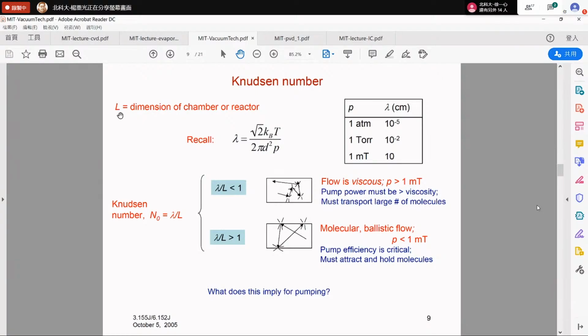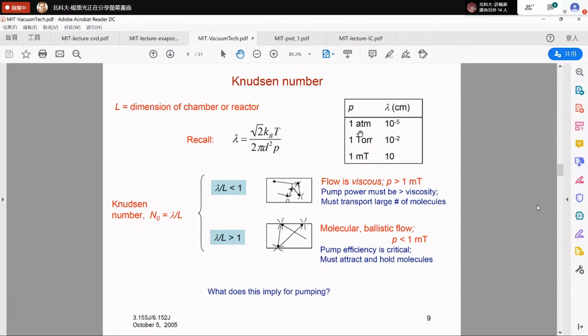Let's say the capital L is a dimension of a chamber or reactor. And just draw your attention again that the mean free path is proportional to T, inversely proportional to P.